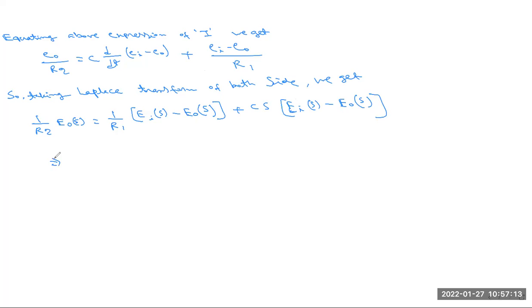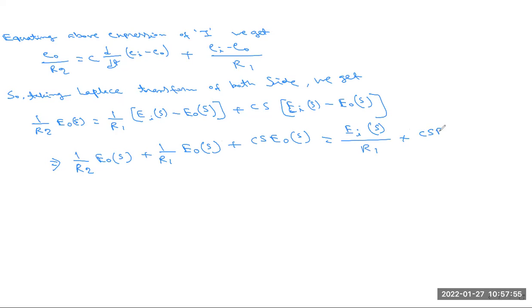So we accommodate this: 1 by R2 E output of S plus 1 by R1 E output of S, plus CS E output of the system, equals EI(s) by R1 plus CS EI(s).